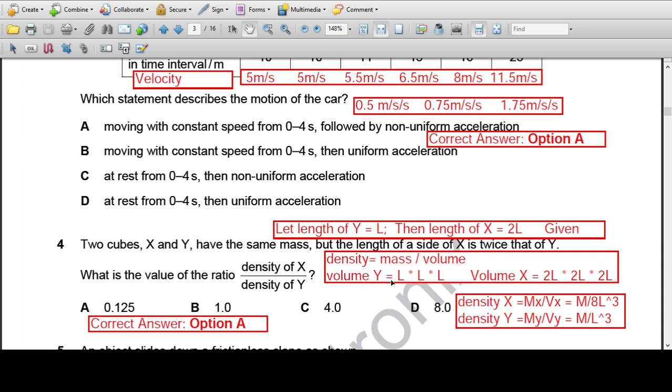The volume of y, with one side length L, is L cube, as this is a cube with 3 dimensions. And the volume of x, with one side length 2L, becomes 8L cube. And we divide the mass of x by the volume of x. Oh sorry, y, this is y.